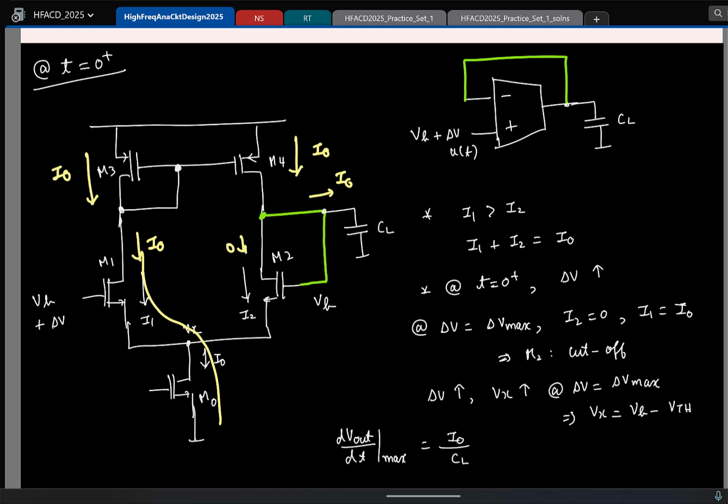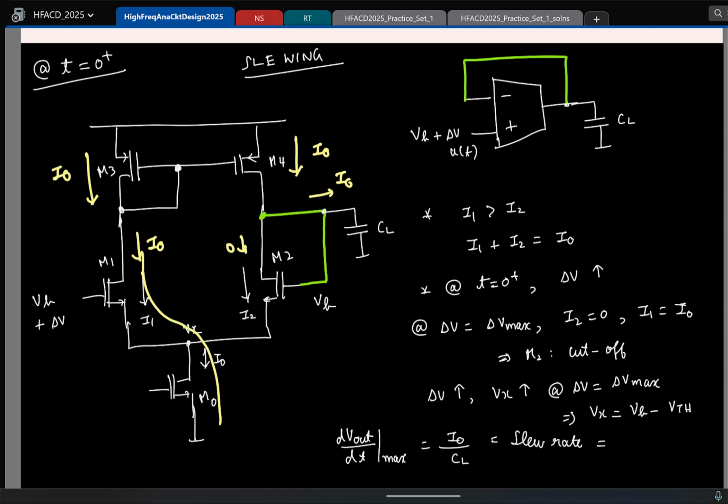So how will the output change? Constant current is getting pushed into a capacitor. How will the capacitor voltage change? Linearly, right? So that is the implication of this. This is called slewing, and this slope is referred to as the slew rate.